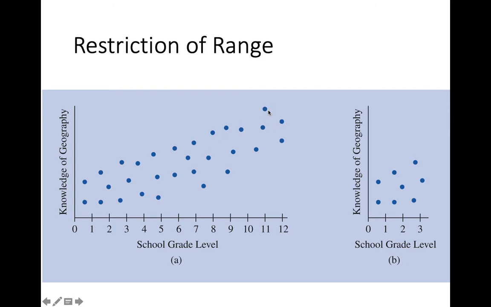So that when we ultimately have a high school test of geography, we're seeing that people are gradually accumulating knowledge and doing better and better on that test as they learn more in their schooling. But if we have a restricted range, it looks like there's no association at all between school grade level and knowledge of geography, when indeed we know that there really is.